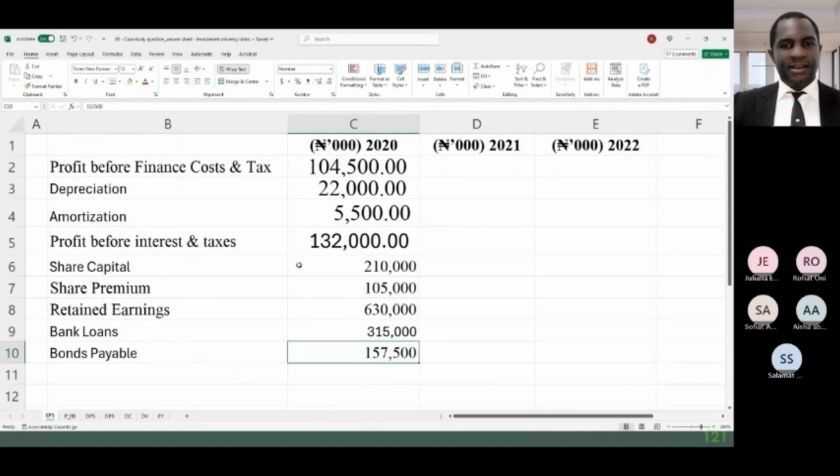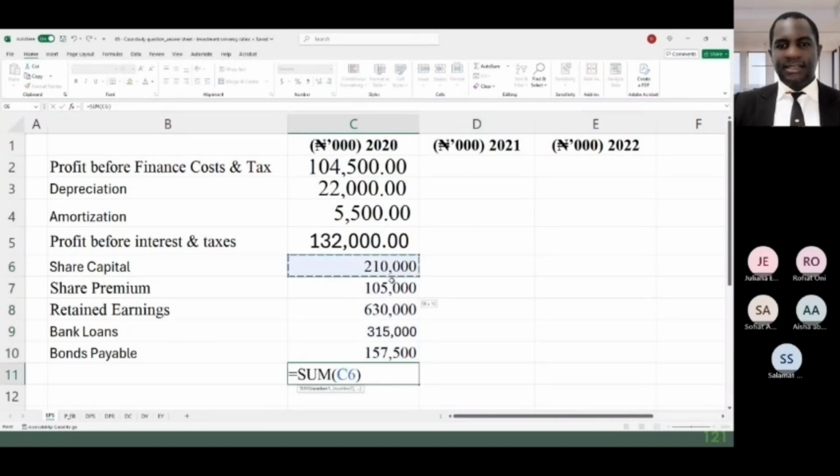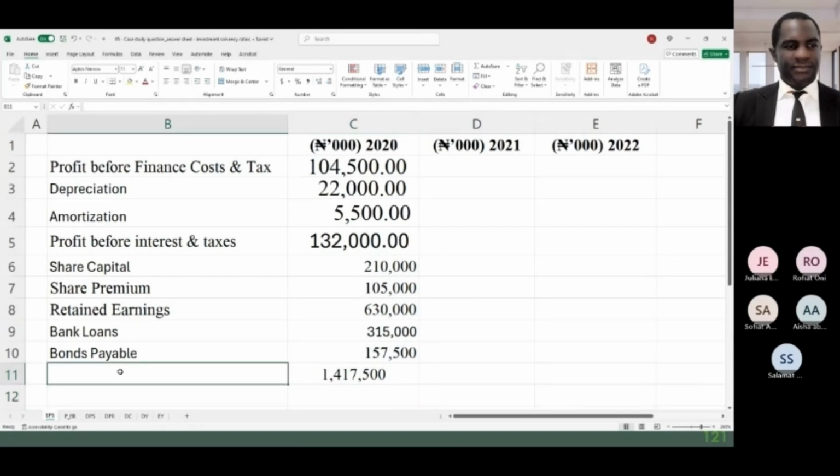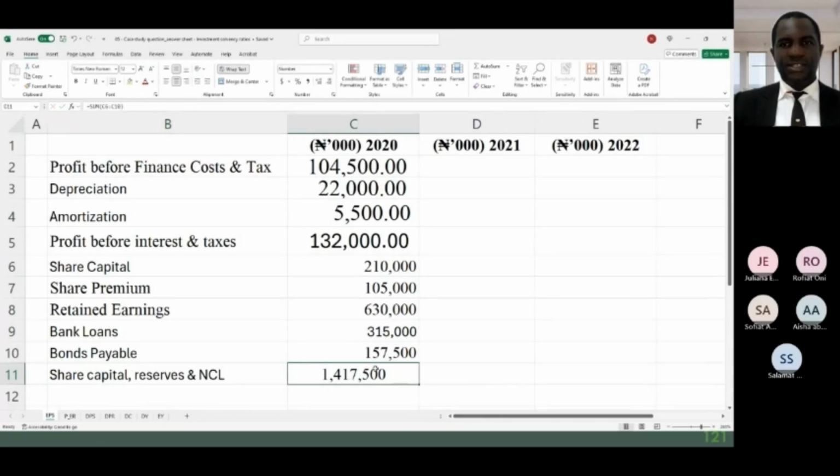Okay, so we have a total of 1,417,500. So let me calculate that. This is our share capital, reserves, and non-current liability, so we have this as 1,417,500.